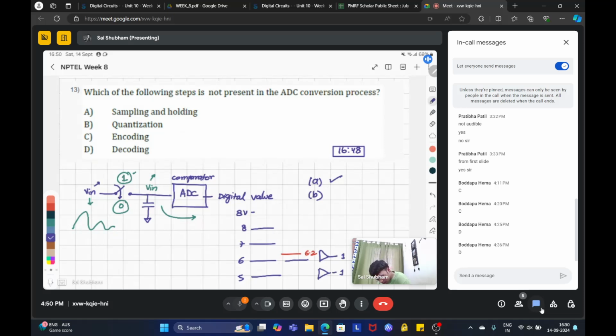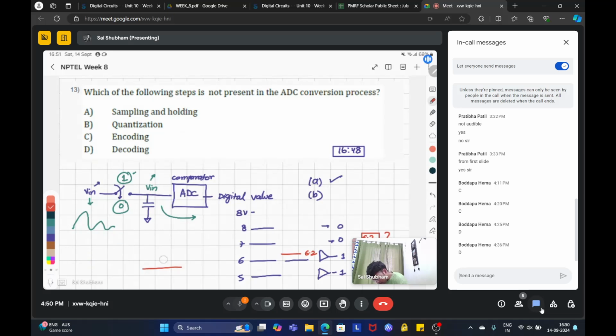This place it will also give you 1. In the upper case, it will give you 0 and 0. So the comparator cannot distinguish between 6.2 and 6, right? It considers both of them the same. So all the values from 6.0 to 7 are basically equal to 6.